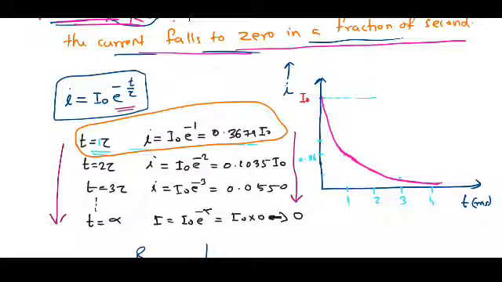That is, tau, called the relaxation time or the time constant, is defined as the time taken in which the current in the circuit falls to 1 by E, that is 36.79% of its maximum value when an external source of EMF is removed.